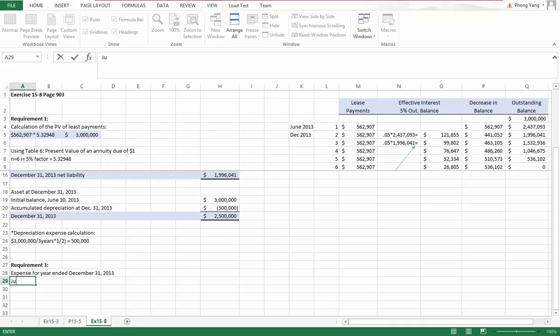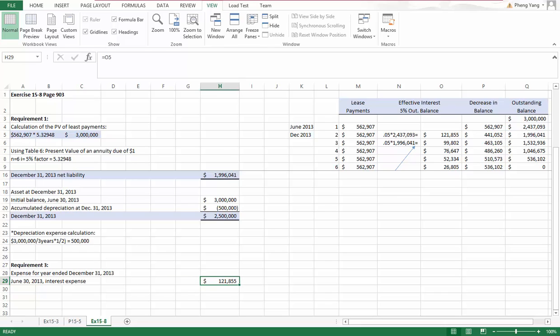So on June 30th, our interest expense was 0. Okay, that's the interest as of June 30th.